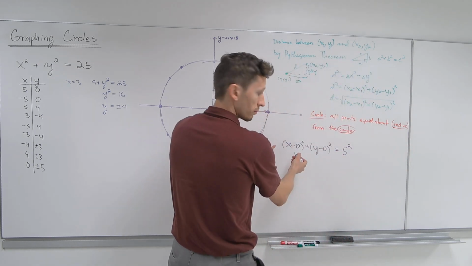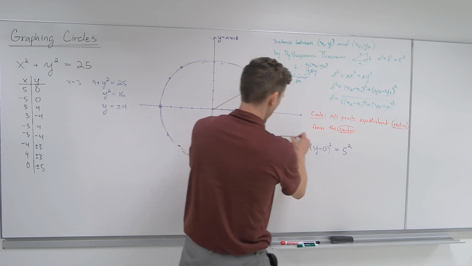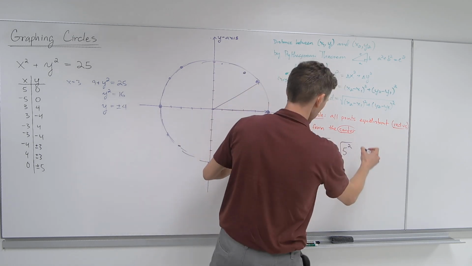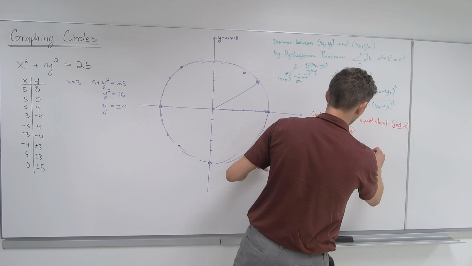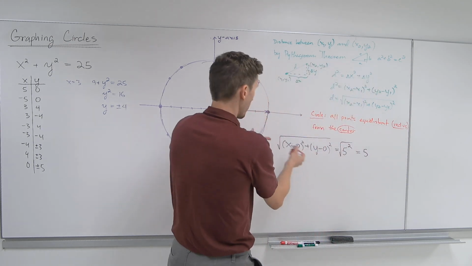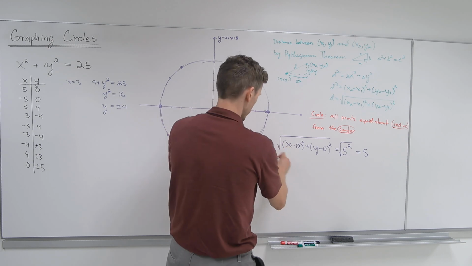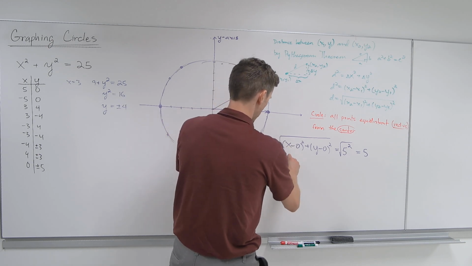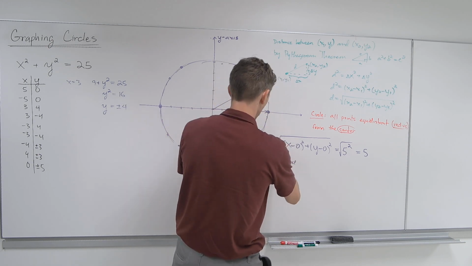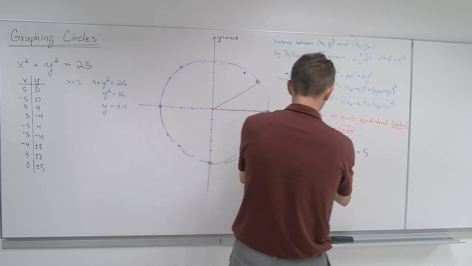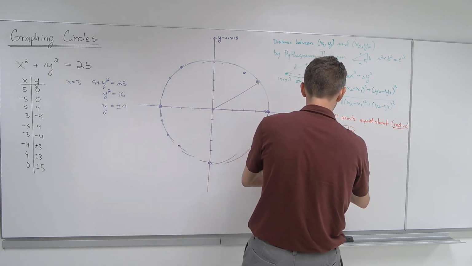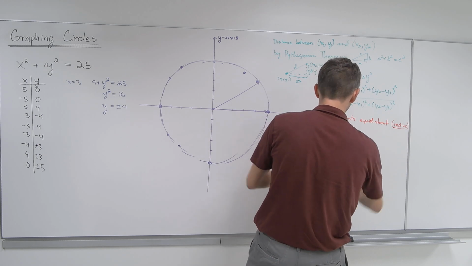Let's square root it. The square root of 25 is 5. What's this? That's the distance between any point x, y and what point?